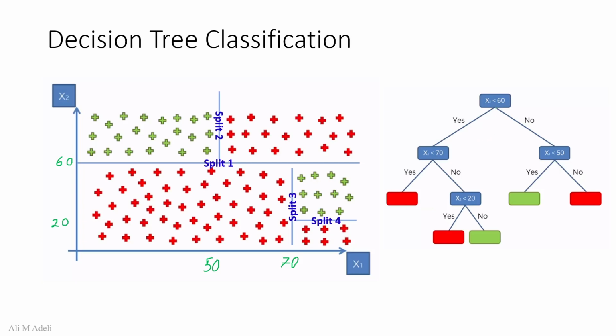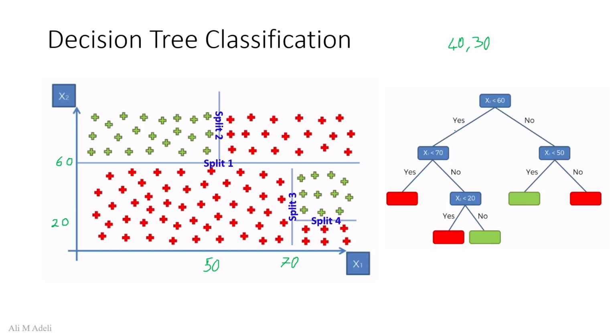So how does it work now? If I have a new observation, I observe x1 and x2, and I assign it to either the red or the green class. So let's say my new x1 and x2 are 40 and 30. It's going to say, is x2 less than 60?